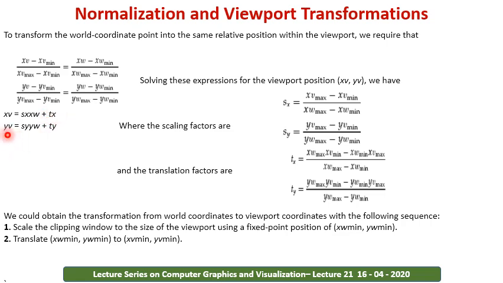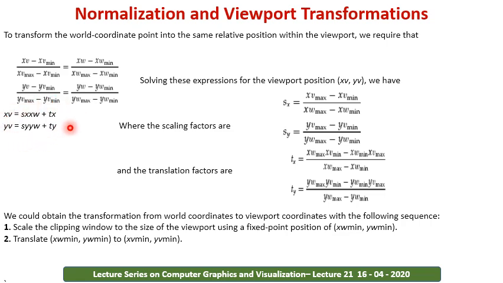The same thing will be calculated for yv, the y coordinate of the viewport position. It is the scaling factor of the y-axis, sy, multiplied by yw, the world coordinate, and added with some translation distance along the y-axis.